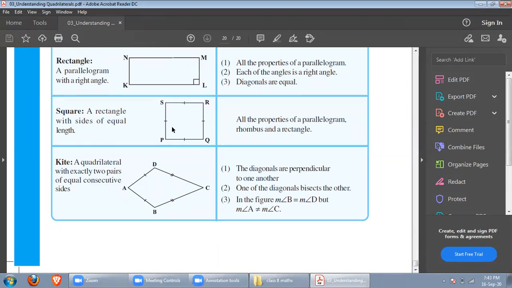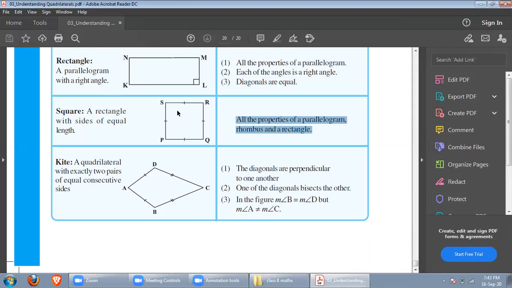And again, like a rectangle, all the angles are 90 degrees. If one of the angles is 90 degrees, automatically all the angles will be 90 degrees, as shown earlier in the case of rectangle. So in a square, all the properties of parallelogram, rhombus, and rectangle will be there, because it has all the qualities.